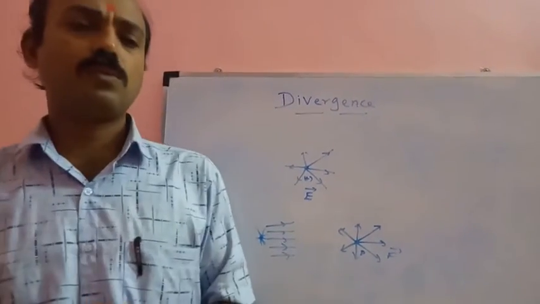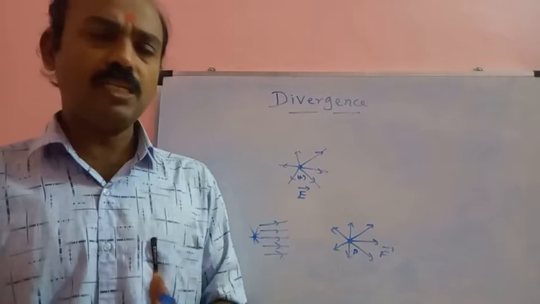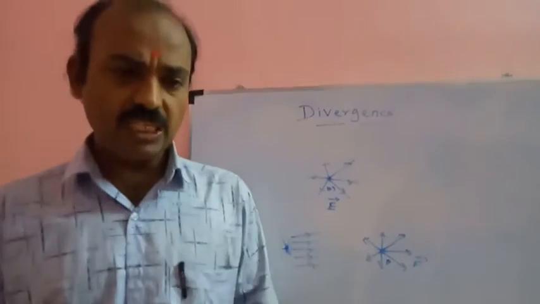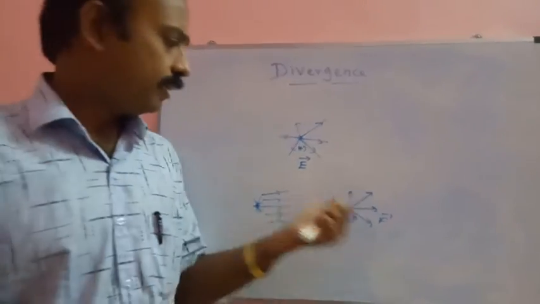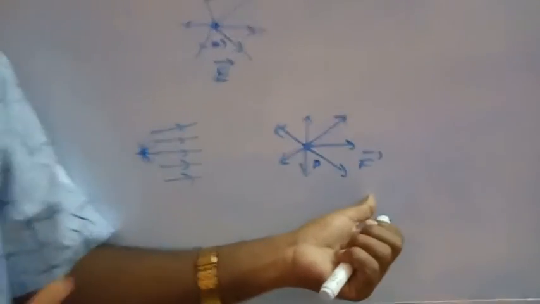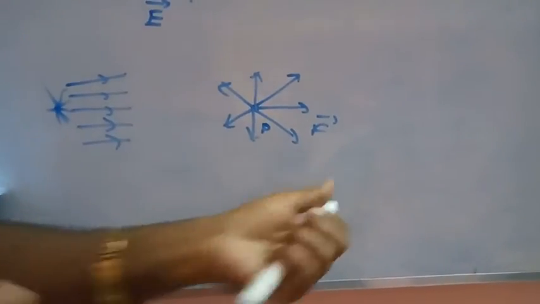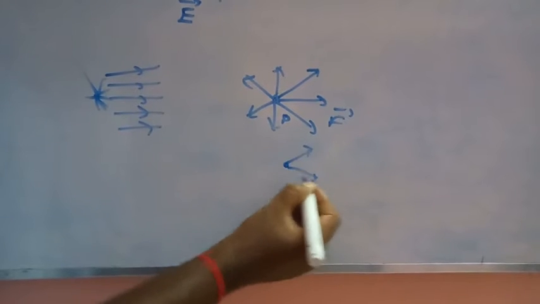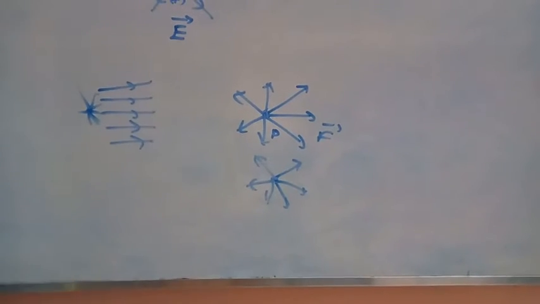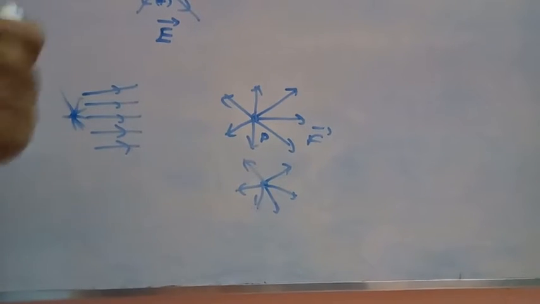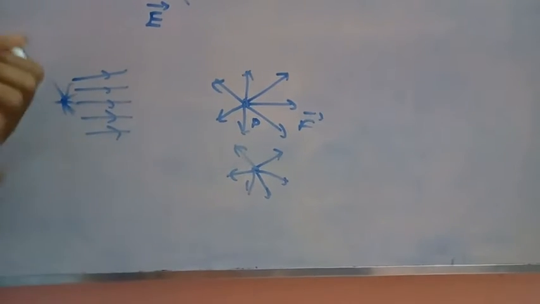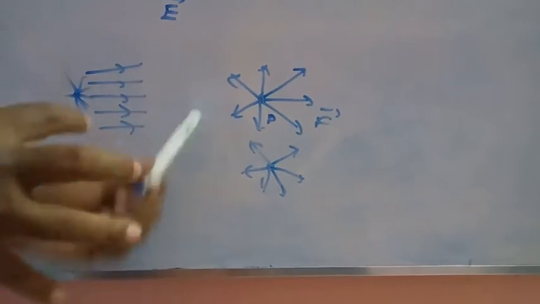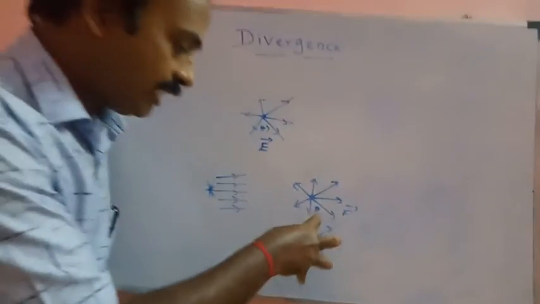This is a force. Divergence of the vector f at a point P is defined as a change of vector, meaning this field vector or force vector. Change of vector, expansion. Here it is expansion from this point. So it is defined as change of vector per unit volume, as the volume shrinks to zero.